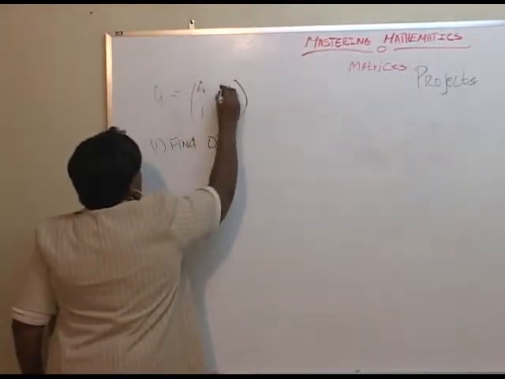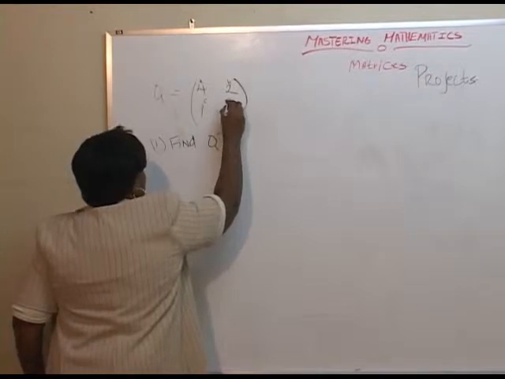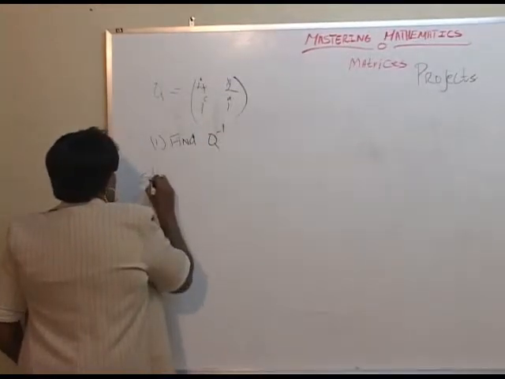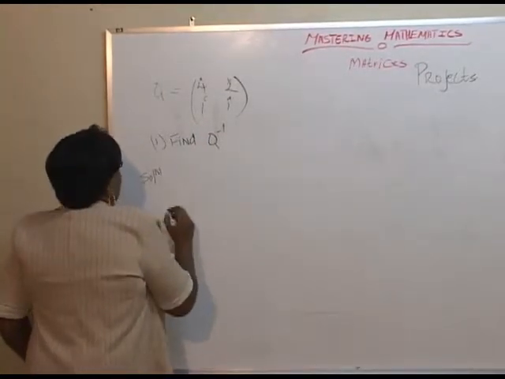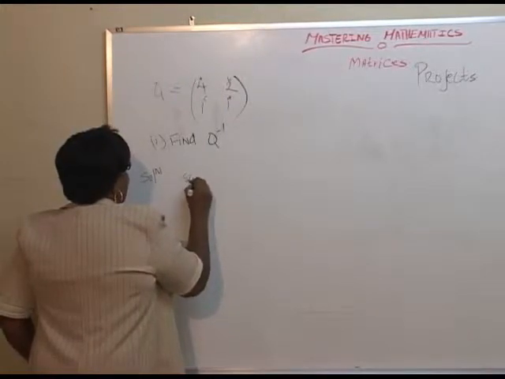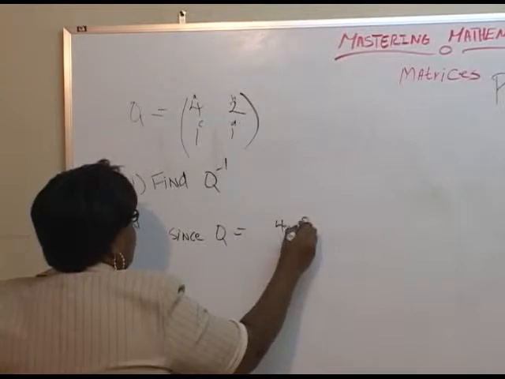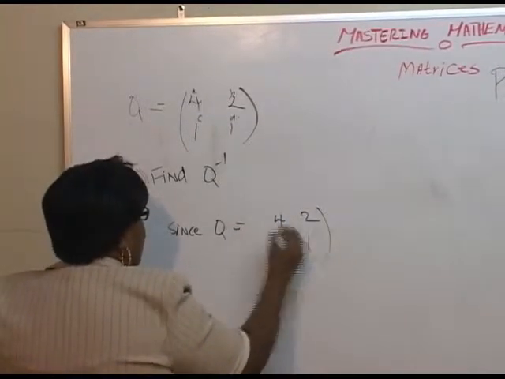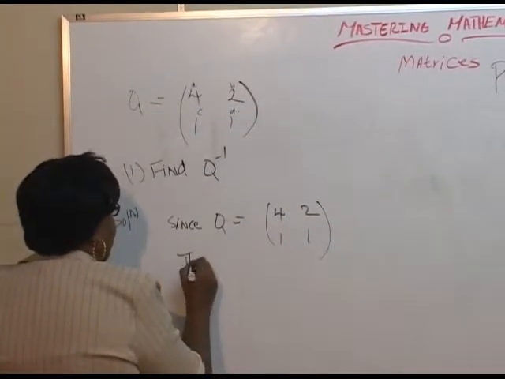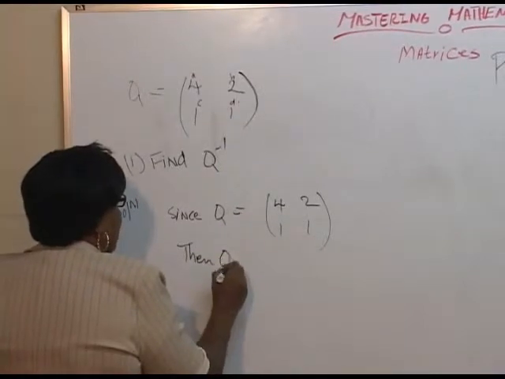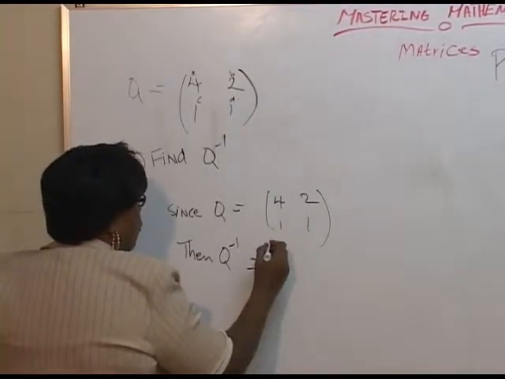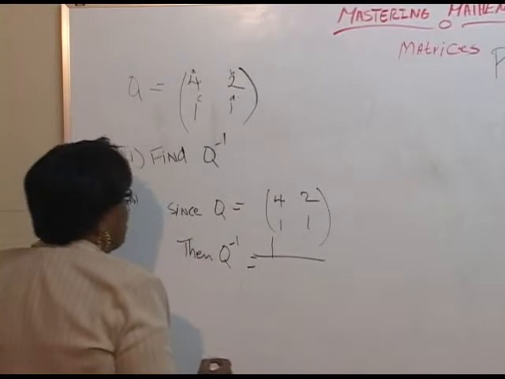So we have our a, our b, our c, and our d, and we are ready for them. So the solution. Since Q is equal to 4, 2, 1, 1, then Q inverse would be equal, and we are big because we have prepared and we know.